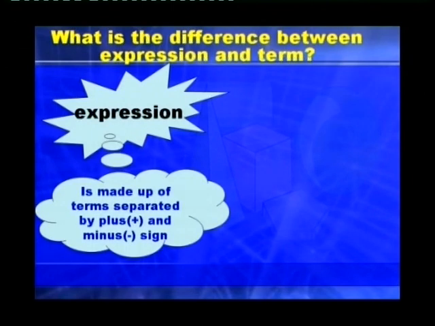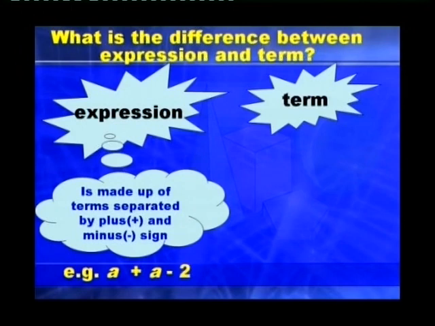Now, receiving students and Sevenis, on the screen I have the definition for expression. An expression is made up of terms separated by plus and minus signs. Let us look at an example of what an expression is.